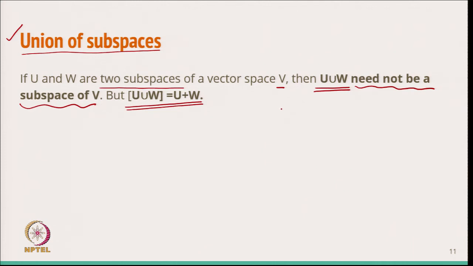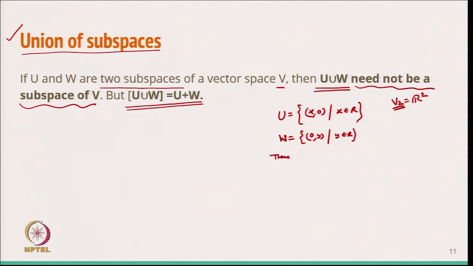In the previous examples we took U as (x, 0), where x belongs to the real line, and W as (0, y), where y belongs to the real line, and we took V2, that is R squared.